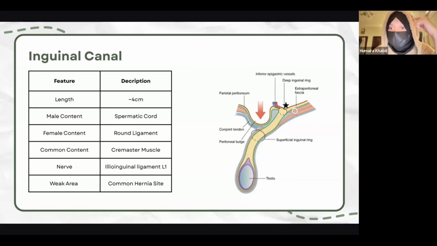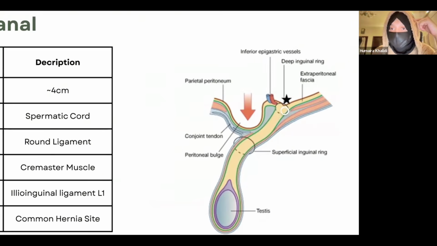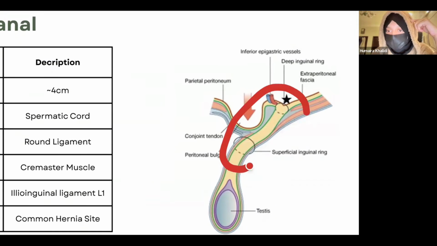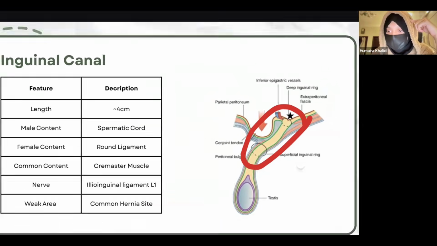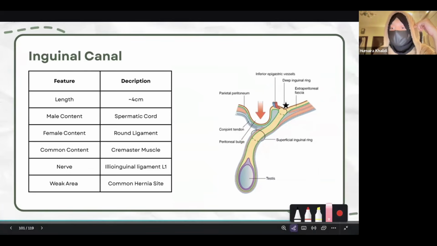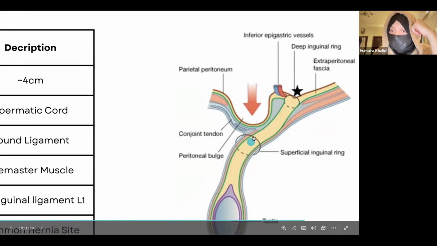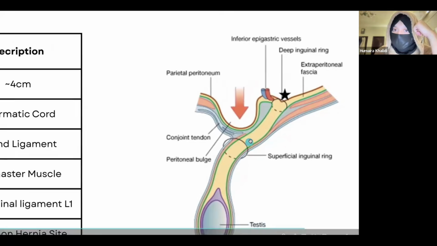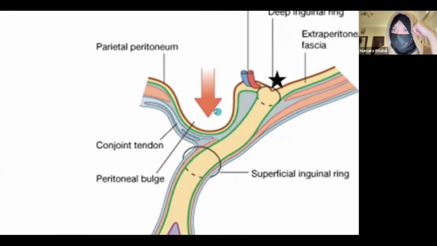Again, this is what I was talking about. This is the inguinal canal, this part. This is going to be the superficial inguinal ring, and this is going to be the internal inguinal ring. This is the peritoneal bulge; you don't need to know about that.